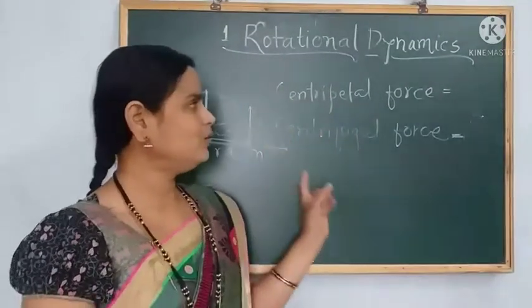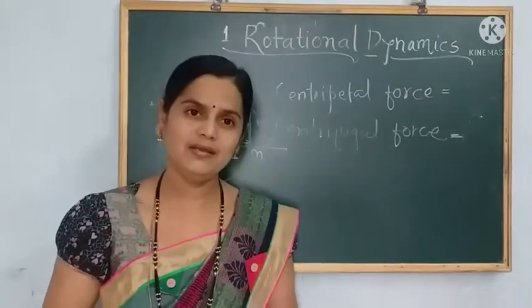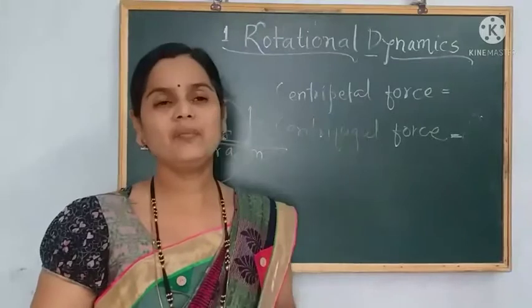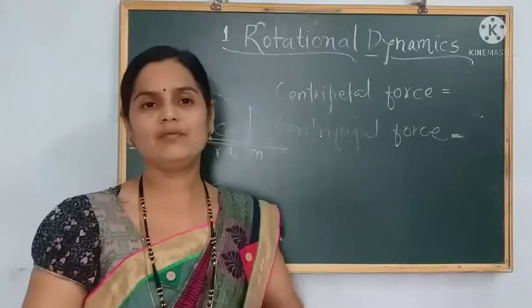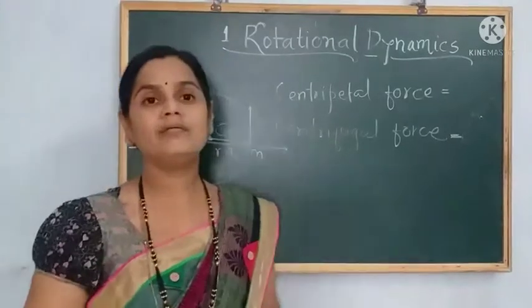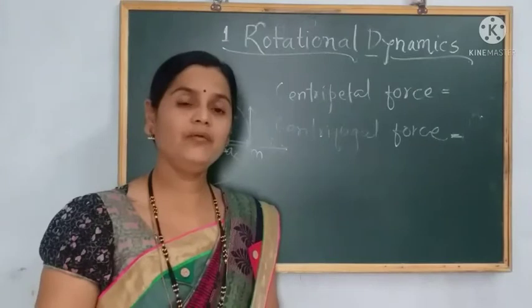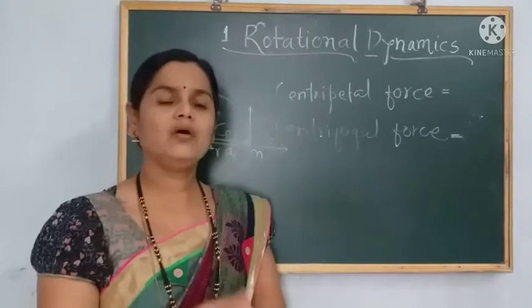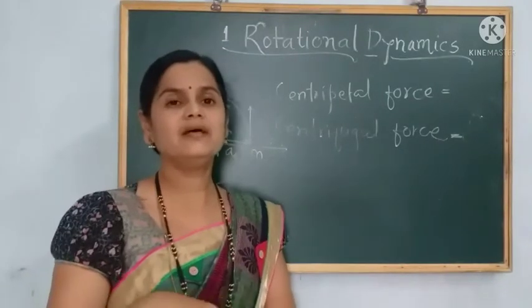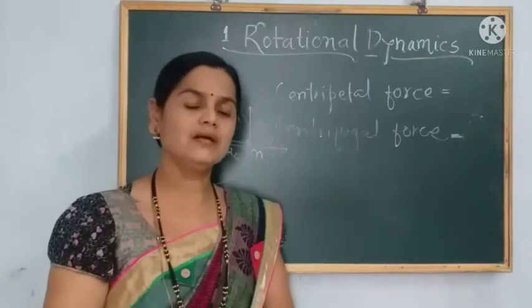So I think you have an idea about these two forces acting on a particle in circular motion. In day-to-day life we also have the example of a mixer grinder, in which the object kept inside moves radially outward when the grinder is turned on.